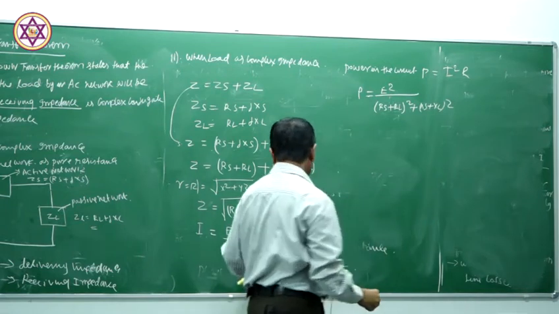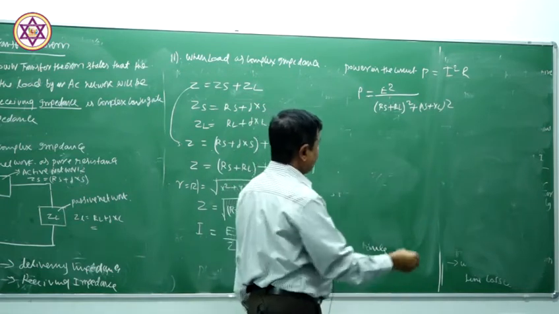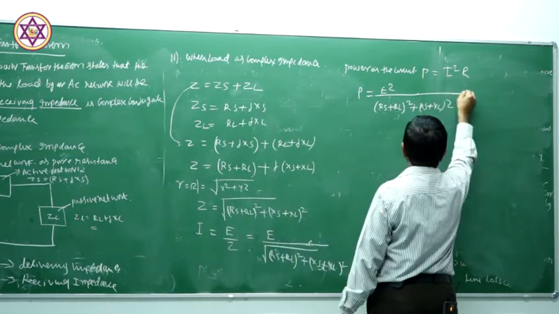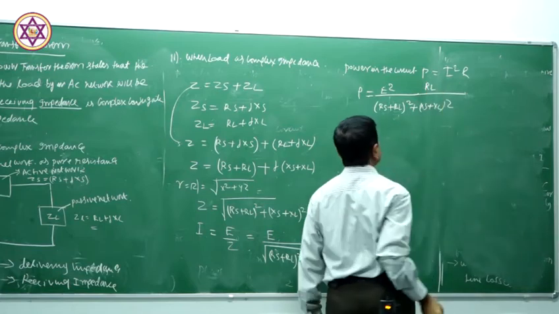This is the square of the current, and R here is the load resistance, that is RL.